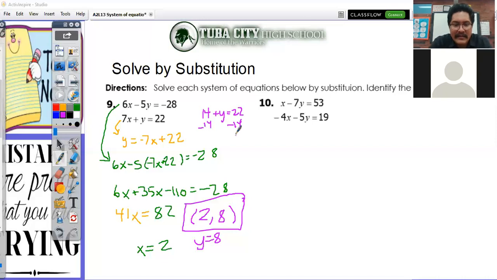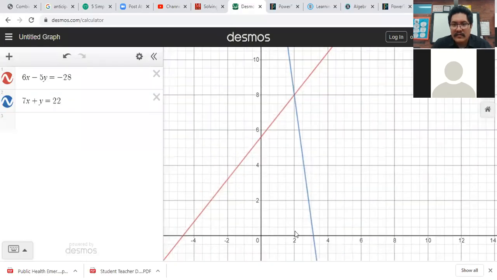I'm plugging in 7x plus y equals 22, and it says the solution is 2, 8. So let's go ahead and I'm going to go over to Desmos, and I should get 2, 8. So over 2 up 8, which is true.